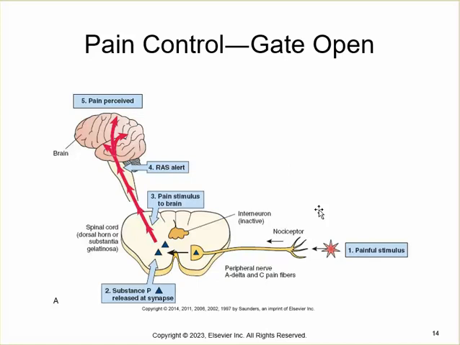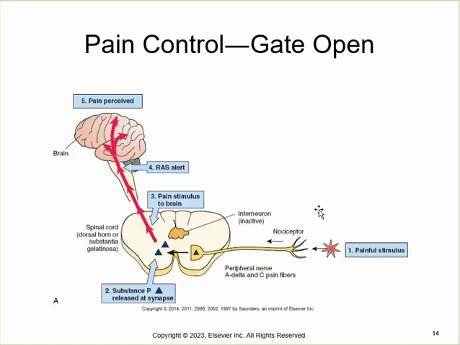It gets to the RAS, the reticular activation system. Then it gets to the thalamus, and then it gets to your cerebral cortex where you perceive the pain. So there's a time lag between the painful stimulus and you actually perceiving the pain.